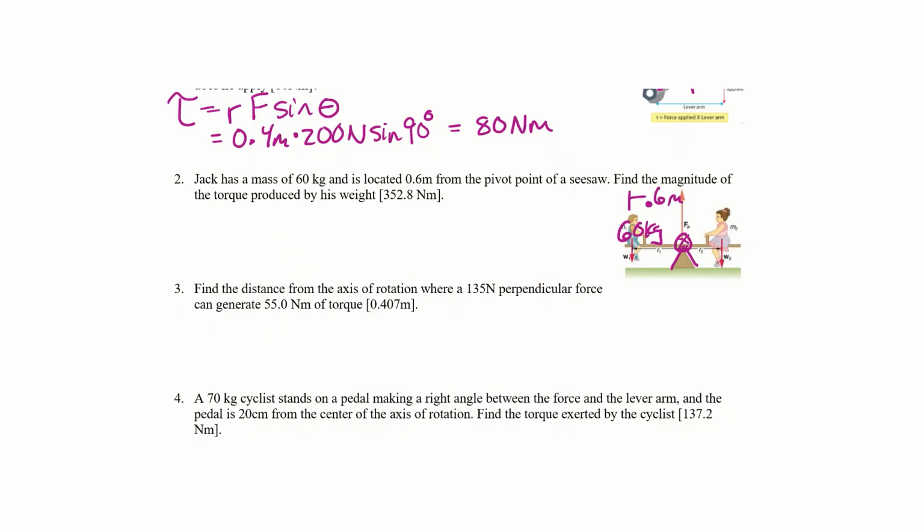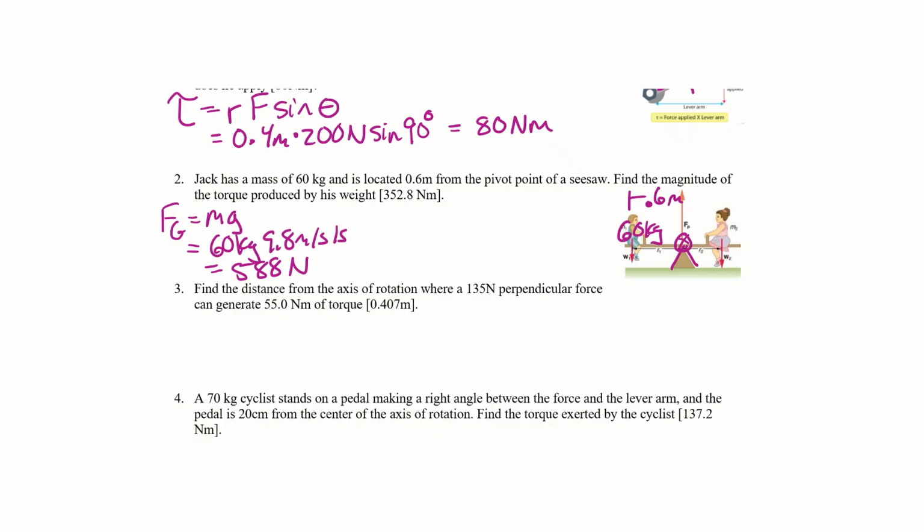Notice 60 kilograms is a mass. So to find his weight, I know the force of gravity is equal to mass times acceleration due to gravity. So if he has a 60 kilogram mass times 9.8 meters per second squared, I know that's 588 newtons.